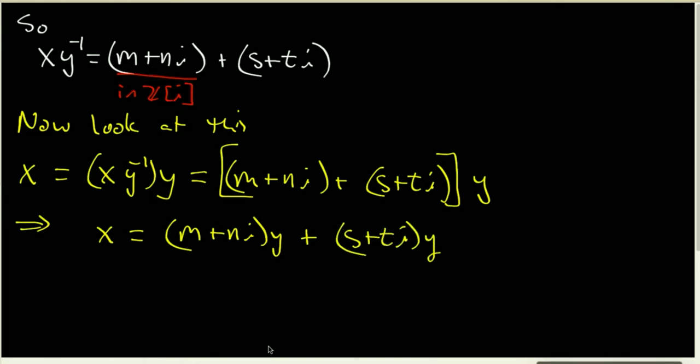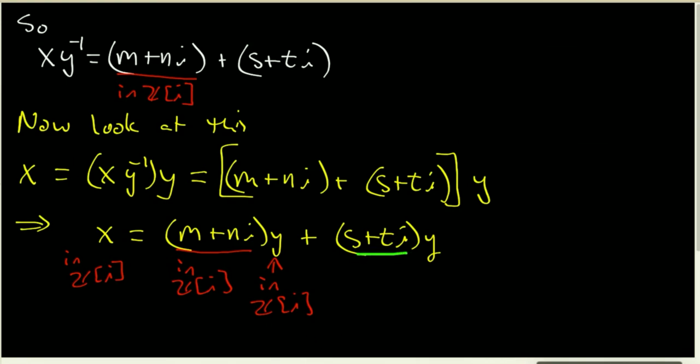And now I want to look at exactly what's going on here. I know that x is inside the ring of Gaussian integers. I know that this term is inside the ring of Gaussian integers because m and n are integers. And y, of course, is inside the ring of Gaussian integers. This particular term right here, I don't know.